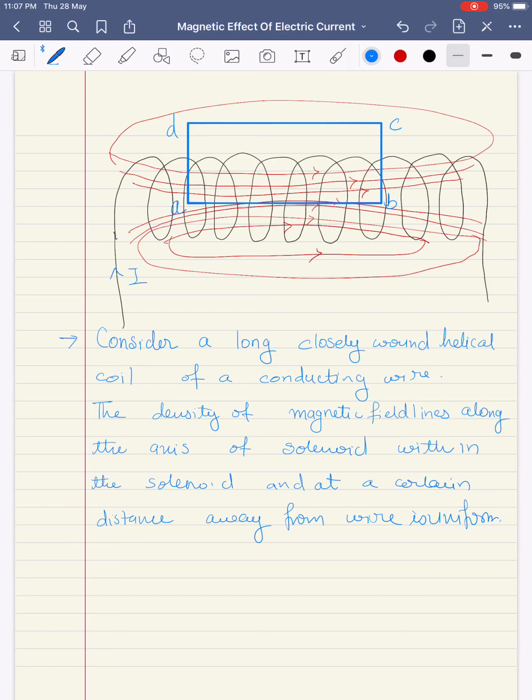That's what we observe, that is within the solenoid the magnetic field strength is uniform. Okay, and hence they are parallel to each other.